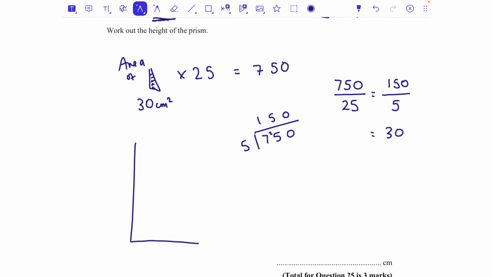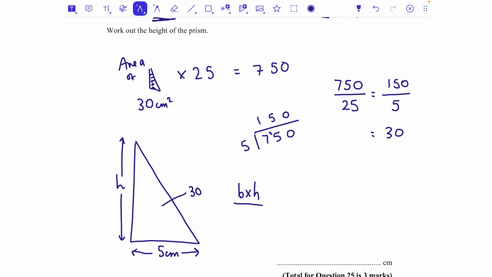Now on the picture we're shown that this is 5 centimetres. And we don't know the height, that's what we're trying to work out. And we know that the area of this is 30. Now remember, for a triangle we do base times height, but we divide it by 2 to equal 30, which means that the base times height must be 60.